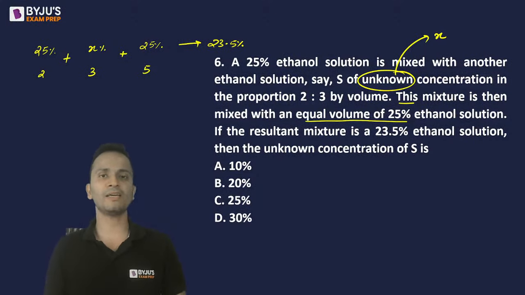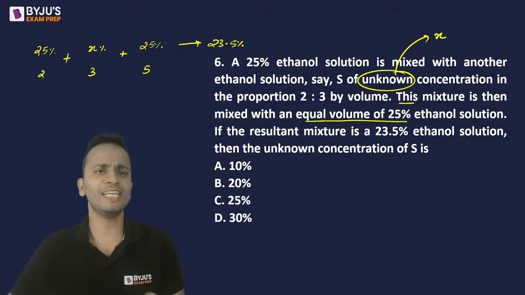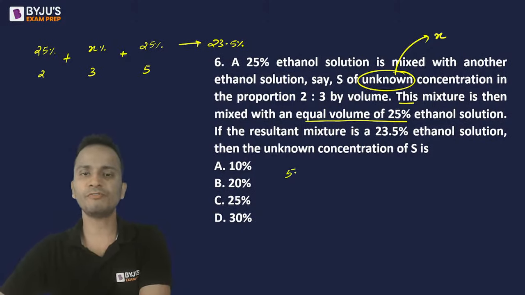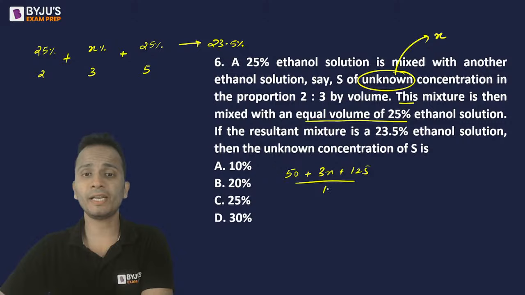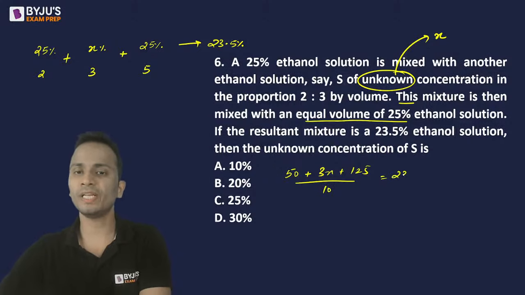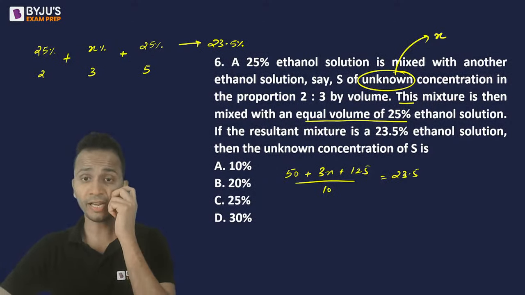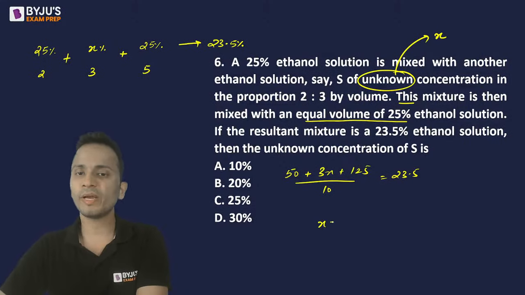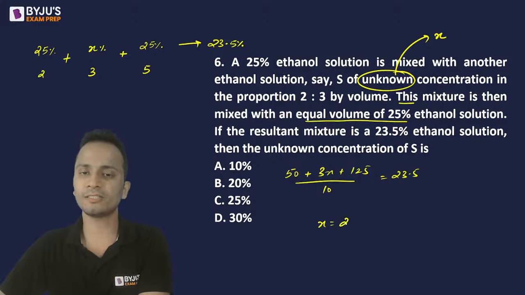So you can apply a weighted average and easily get the answer. So 25 into 2, that is 50, plus 3x plus 125 divided by 10 is equal to 23.5. Simplify it and get the value of x. So x will be equal to 110 minus 50, that is 60, 60 upon 3, that is 20.